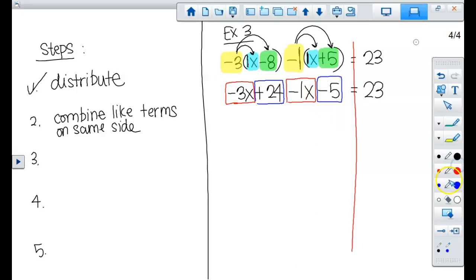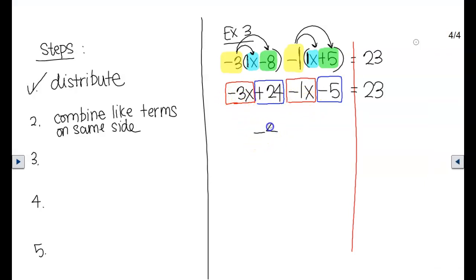So I'm going to combine the red and the blue. So for the red, I do -3 minus 1. That's going to be a -4x. Now for the blue, I'm going to do 24 minus 5. 24 minus 5 is a positive 19.